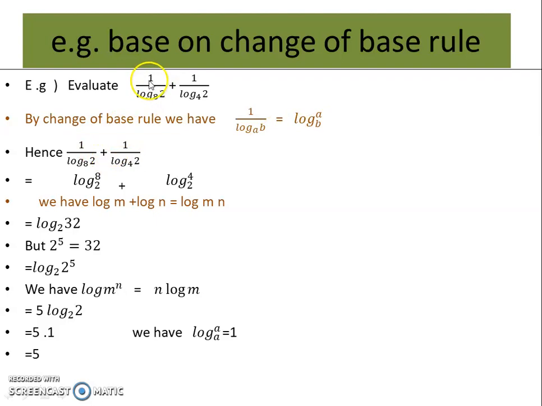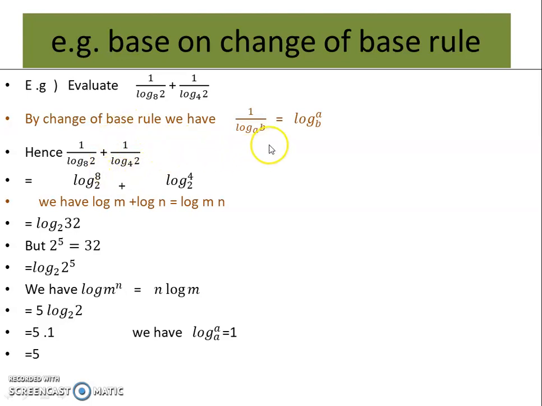So we take the first term and second term with addition. Using this change of base rule, we interchange: the base goes to the number, the number goes to the base, that is log of 8 to the base 2 plus log of 4 to the base 2.